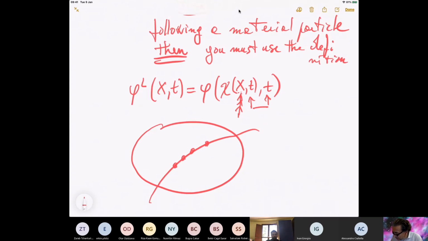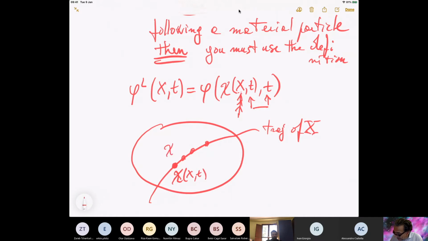This is the trajectory of capital X. So this is the position of capital X at instant t.